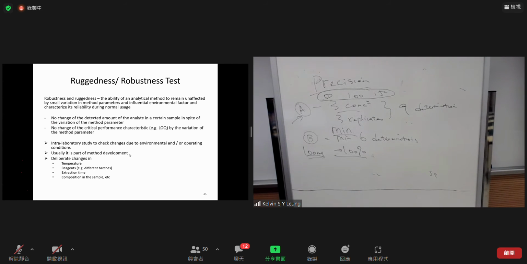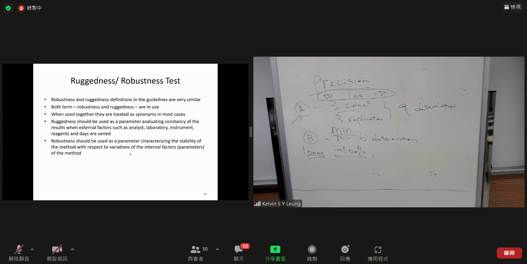So actually these two terms are very similar, and some won't treat them as different. As a whole study, you can include it no matter whether it is called ruggedness or robustness.